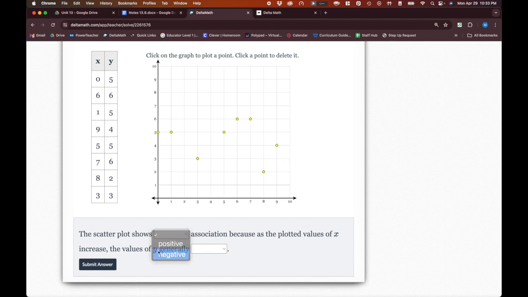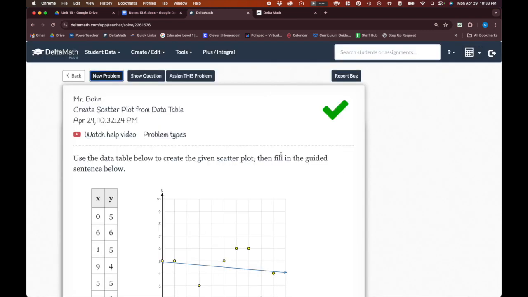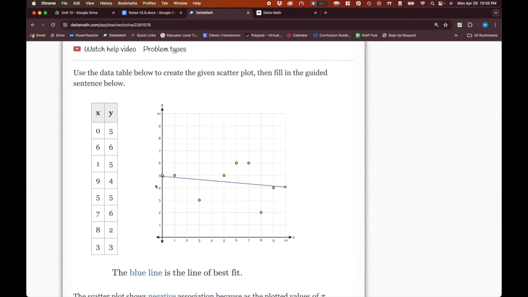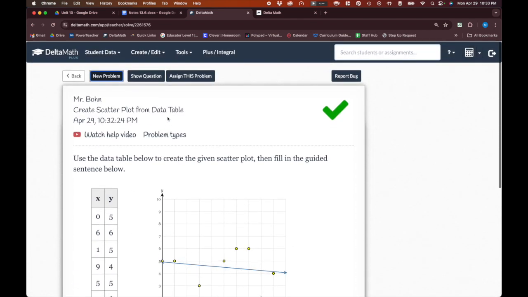So I'm going to say negative, and that these generally decrease. Now, we'll see if this actually fits. Oh, yes. Look at that. Really flat line, really hard to tell, but there were a couple that are dragging it down like this.